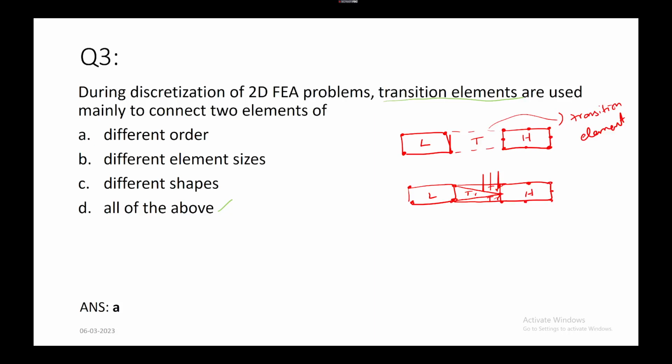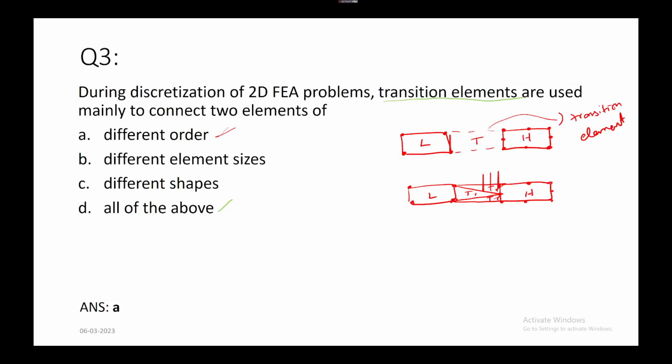One might be confused because you see that here it is connecting using a different shape, different size also, but by definition it is only the order of the element that connects from one lower order to higher order or higher order to lower order that is defined as a transition element.